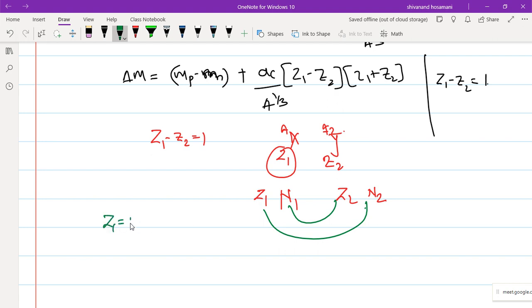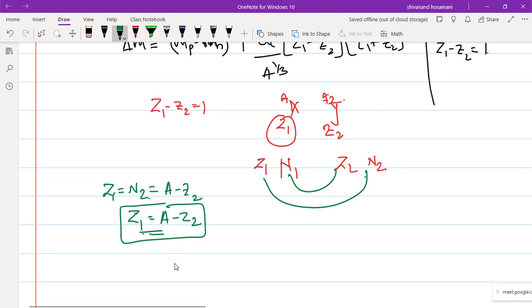If I replace z1 with n2, z1 is also equal to a minus z2, isn't it? So can I write z1 is equal to a minus n2? Because it is equal to the number of neutrons in the second nucleus, I can rewrite it, because n2 is equal to a minus z2 of the second nucleus.